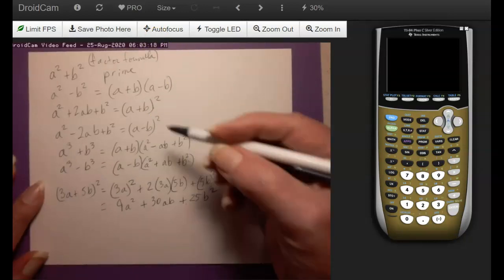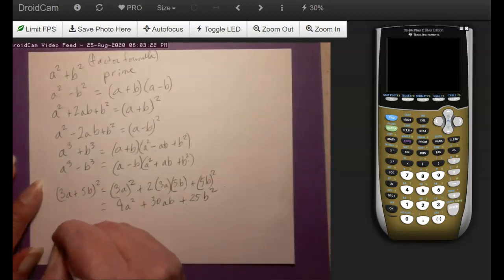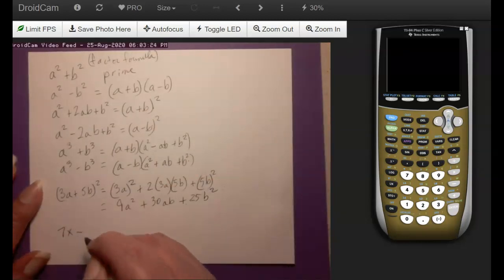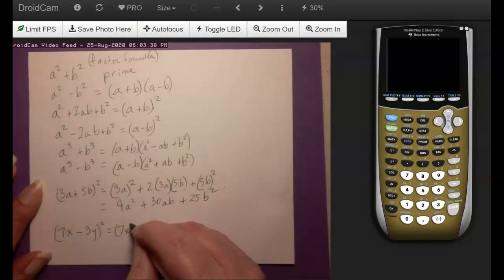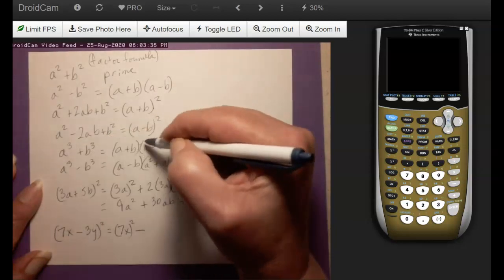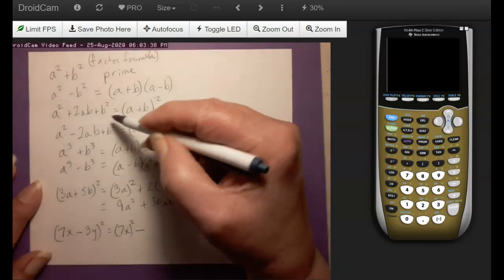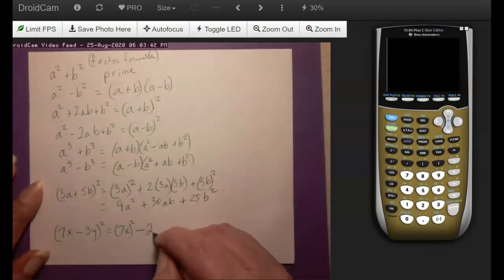Let's work another one with the subtraction formula, a minus b. So if I have 7x minus 3y, and I want it squared, this will give me 7x squared minus, now these are the same signs here. Like these are also the same signs, but the second one I change it. But these, they're the same sign in that second position, and there is a 2.